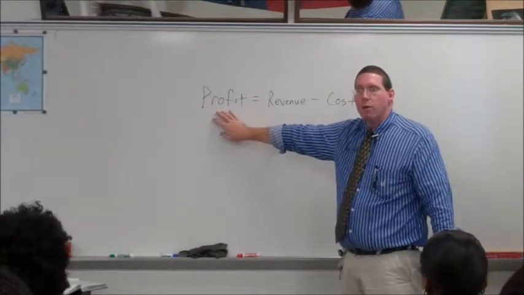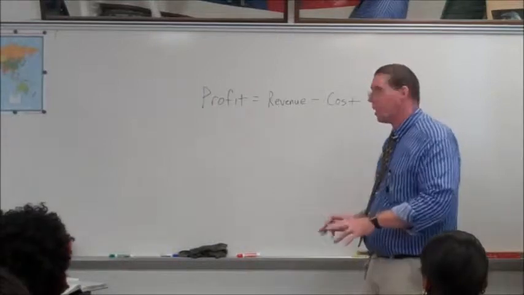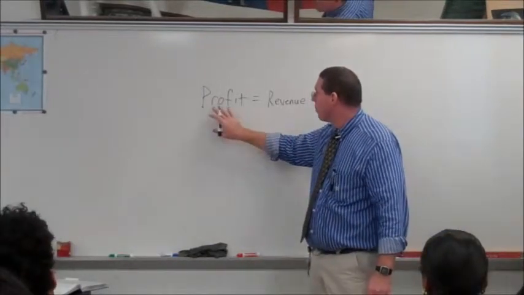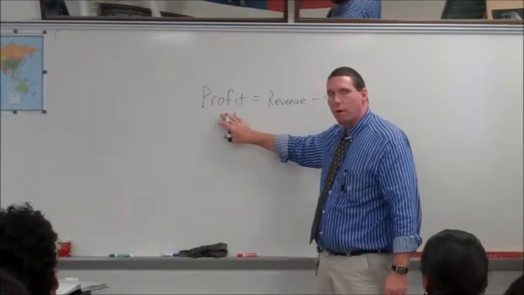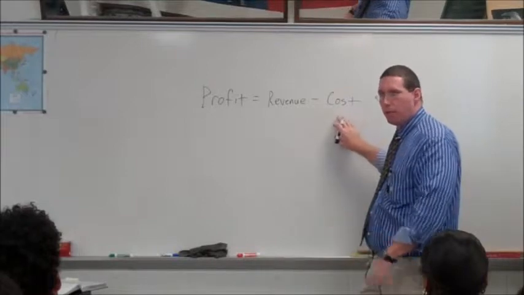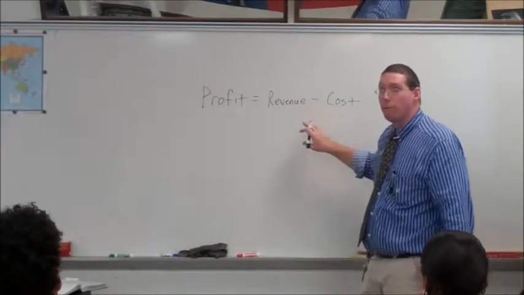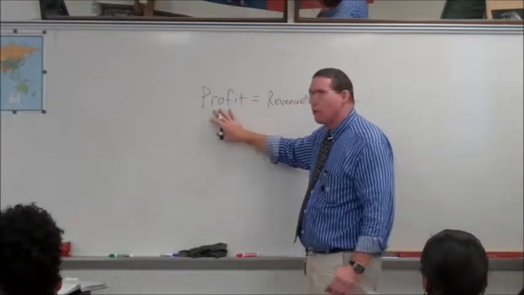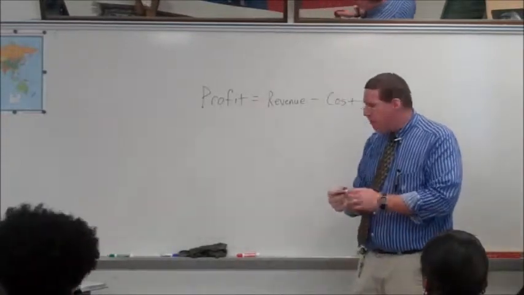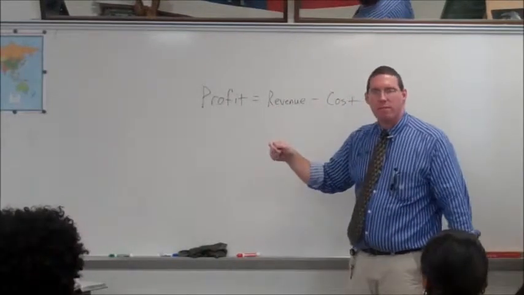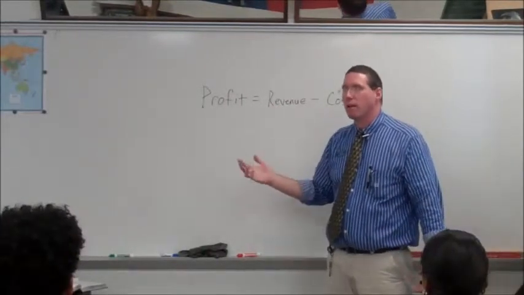Okay? So here's the thing that we want to understand: what happens to profit when revenues go up a little bit, or when costs go up a little bit, or down a little bit for that matter. Let's say a company builds houses.